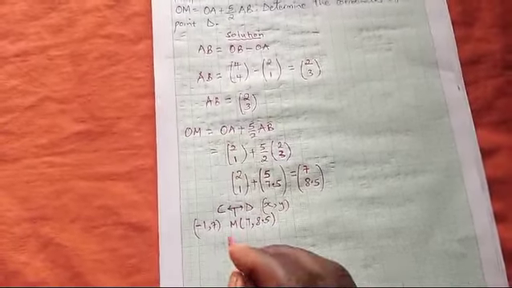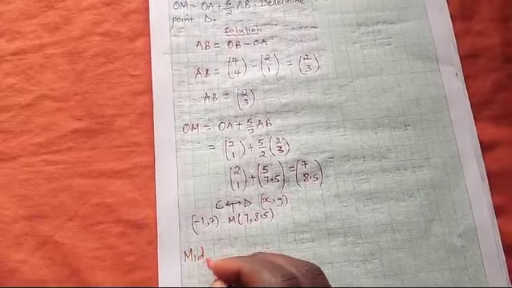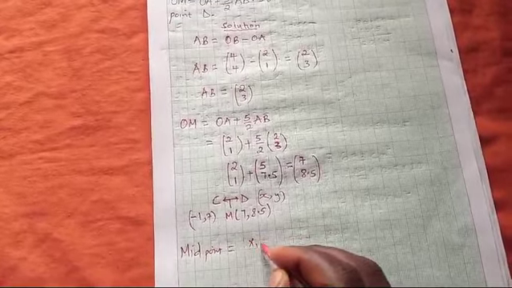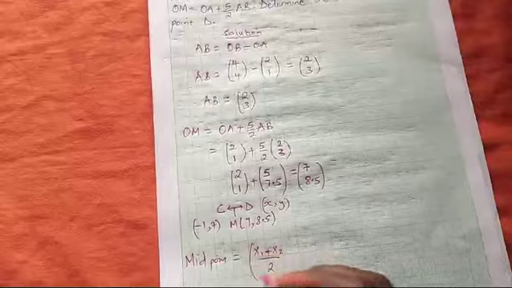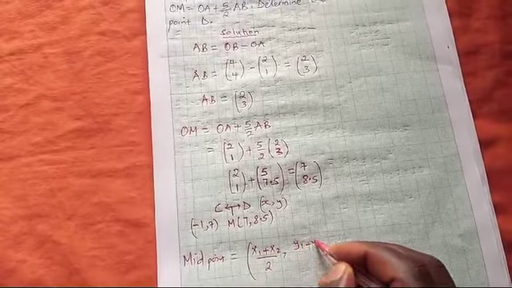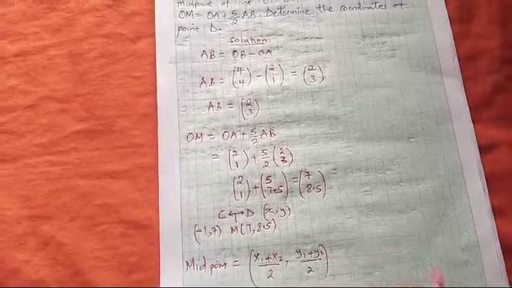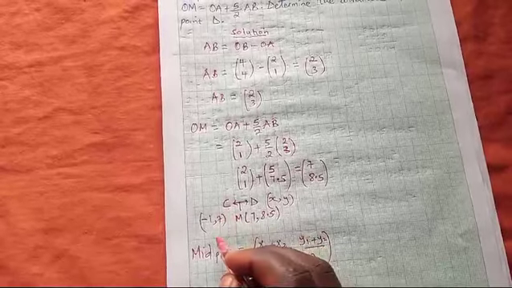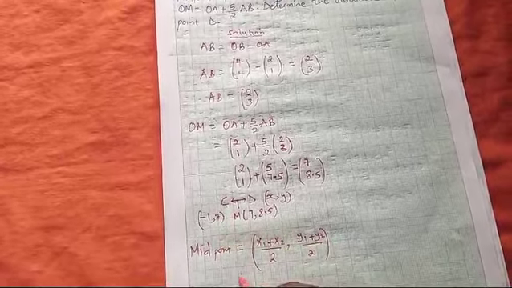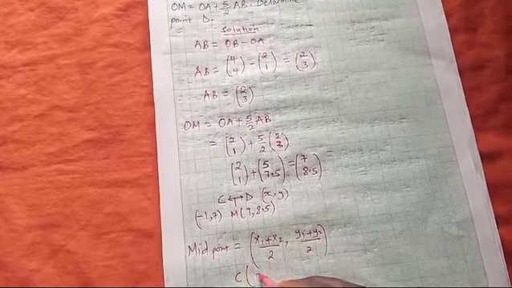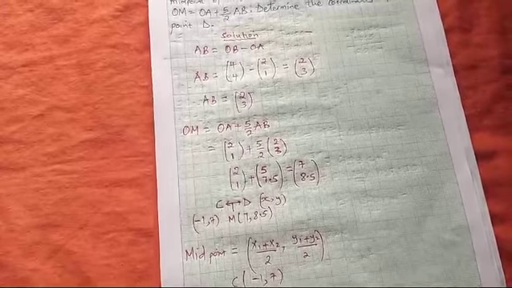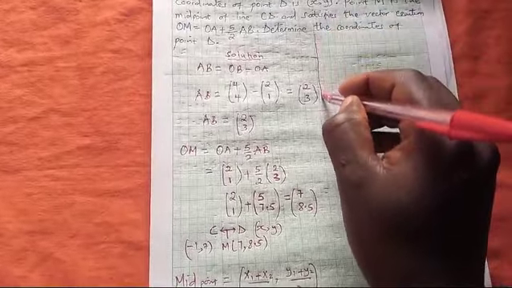We have to remember the formula for the midpoint: we must have (x1 plus x2) divided by 2, then (y1 plus y2) divided by 2. This will give us the midpoint. In this case, C is (-1, 7) and D is (x, y).